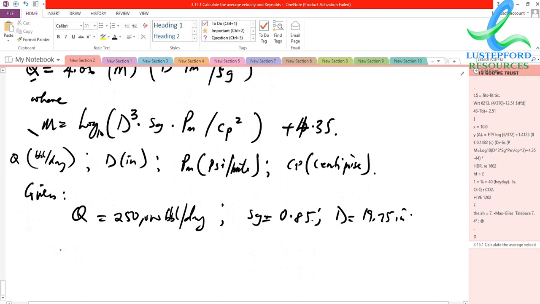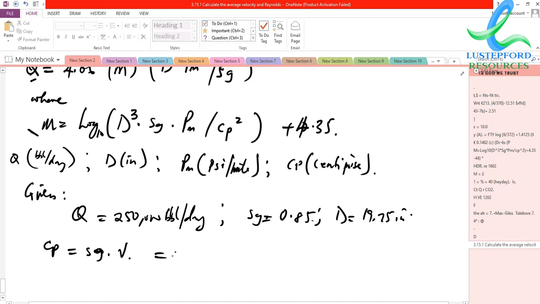Now the centipoise, they didn't give us centipoise, but the specific gravity times the kinematic viscosity will give us this.